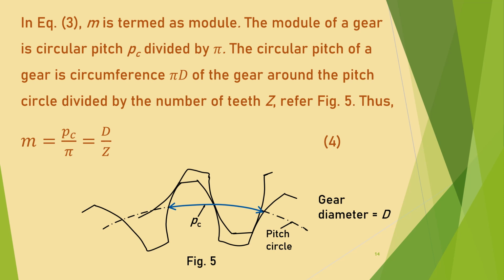From figure 5, it can be seen that the circumference of the pitch circle is pi d, and if the gear has number of teeth z, then the circular pitch Pc is equal to pi d divided by z. Substituting the value of Pc in equation 4 and simplifying, we get that module is equal to d by z.